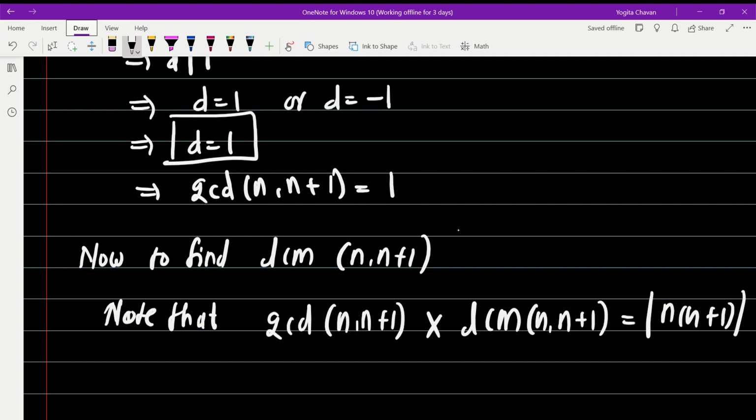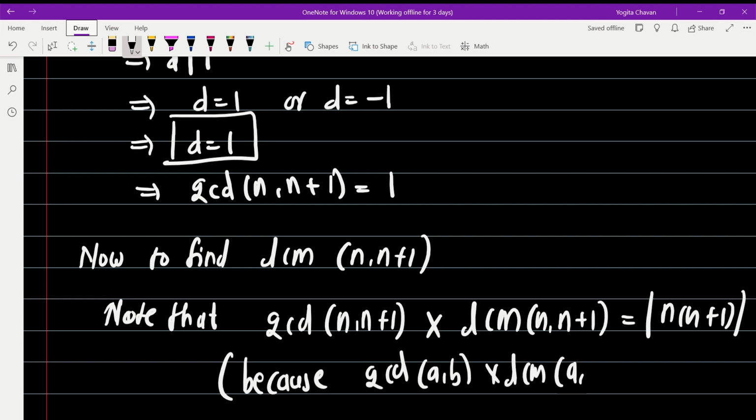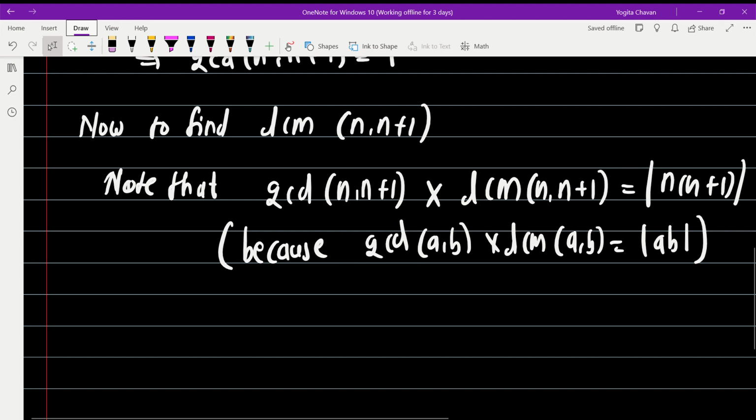Now why? Because GCD of A, B into LCM of A, B is equal to mod of A into B. Using this result we get GCD of n and n plus 1 into LCM of n and n plus 1 is equal to modulus of n into n plus 1.